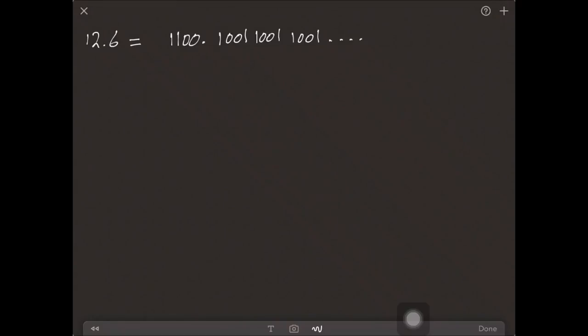By normalizing, I mean I need to bring this decimal point to a place over here such that on its left we have a 1, which we are not going to store, and it is implicit. 1.100, and then this part comes over here, 1001 1001 1001 and so on, and since we have moved the decimal point 3 positions left, we multiply it with 2 raised to the power plus 3.